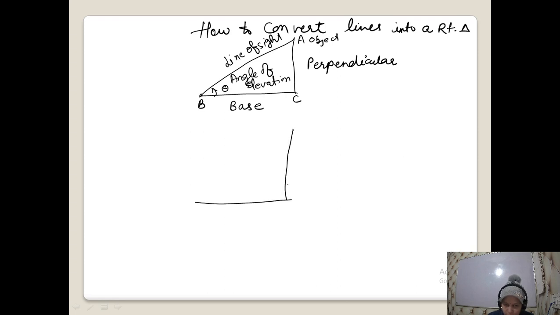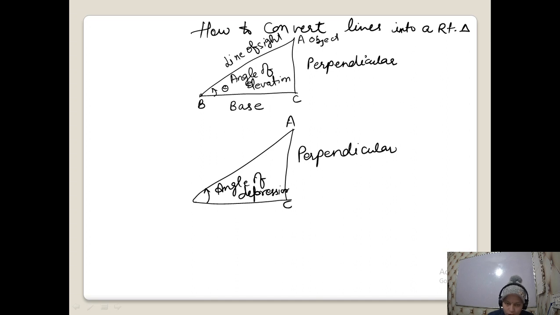This is AC, that is a straight line, perpendicular from A to B, that is known as angle of depression, because A is the observer and B is the object.